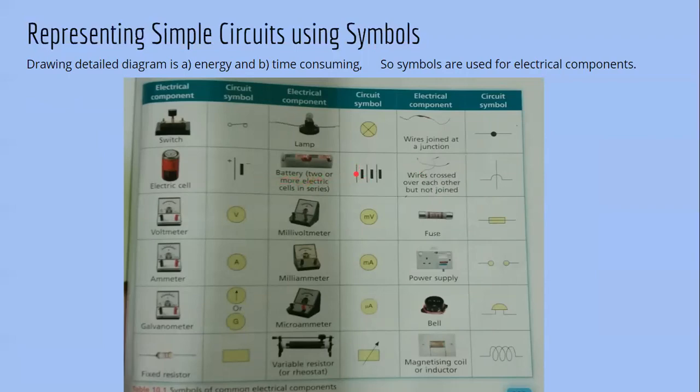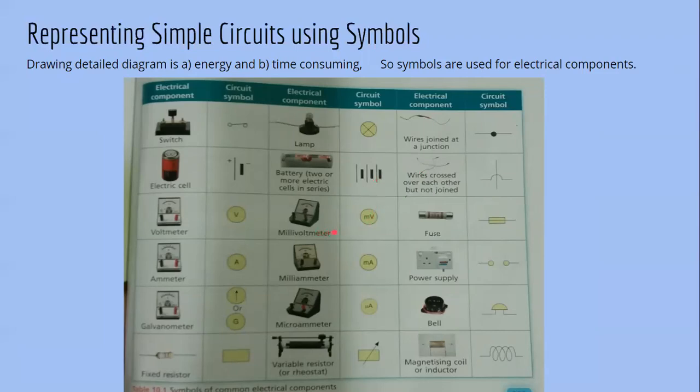For one cell, you have one positive terminal and one negative terminal. When you have three cells connected in series, you make this symbol, because you have 3 positive terminals and 3 negative terminals.